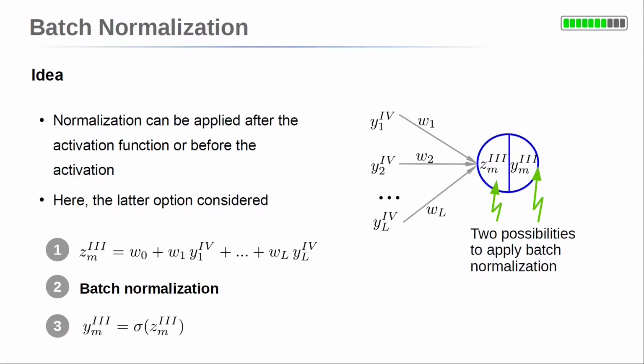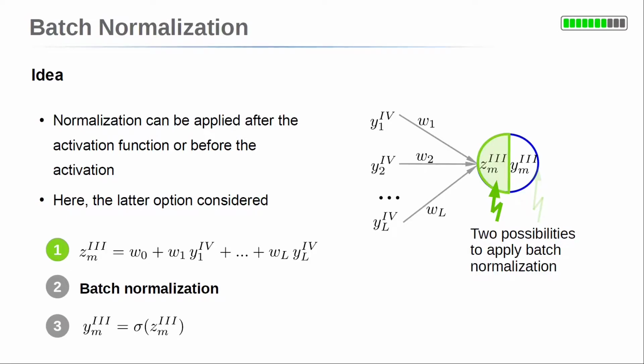Instead of normalizing the output values, the normalization can be applied one calculation step earlier. The normalization can be executed before the activation function is applied. This option is considered in this section. So the normalization is applied for the summation variables.